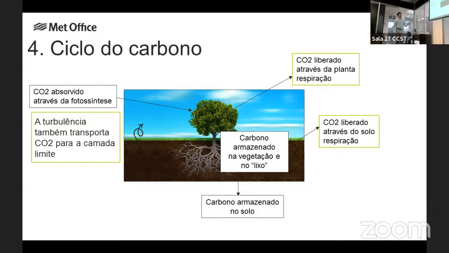And then from the plants, you've got litter fall from trees dying, leaves falling off due to phenology, and that goes into the litter, which decomposes based on heterotrophic and other forms of respiration.